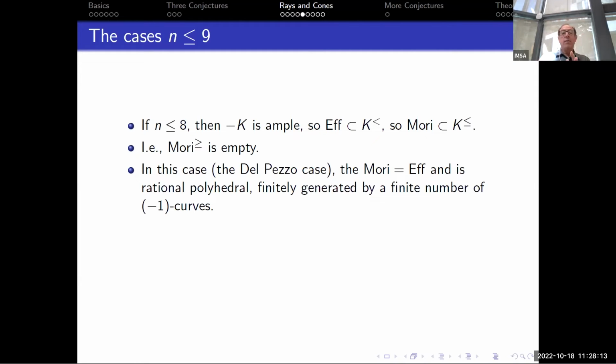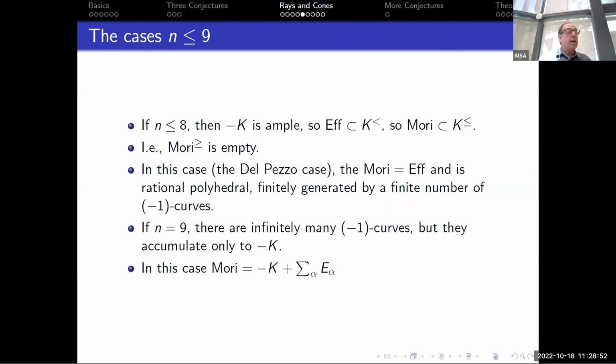So the effective cone lies inside the things that meet the canonical class negatively. The whole Mori cone is inside the negative part. The positive part is empty. And so you have a rational polyhedral cone, and understanding the effective cone is equivalent to understanding the -1 curves. And understanding the -1 curves on Del Pezzo surfaces has been very well understood for many decades.